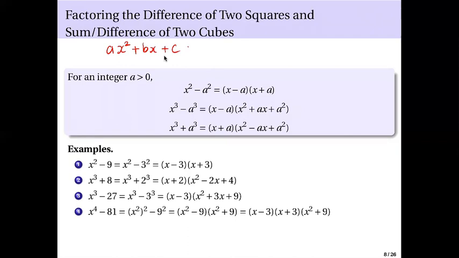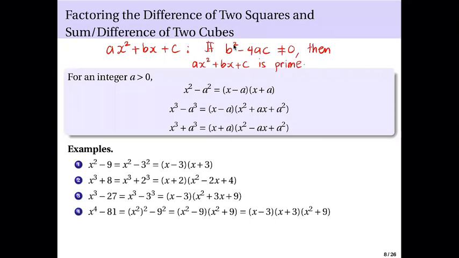You look at the following. If b squared minus 4ac is not equal to 0, then ax squared plus bx plus c is prime.